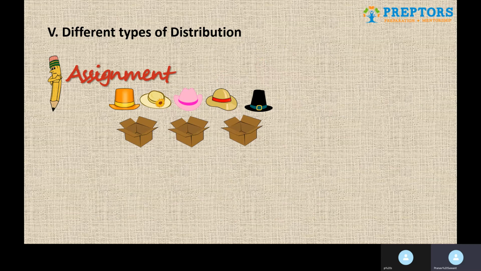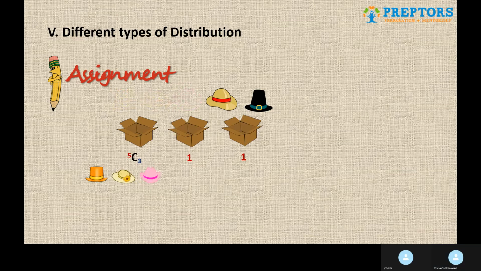So let's see that. Now the distribution is this 3 1 1. So we will do the selection. So 5C3. That means let's say that these three hats are in the first box. Now for the next two boxes, we have two hats remaining. So how will we select? We will select 2C1. But if we select 2C1, will we know which hat will go in which box?